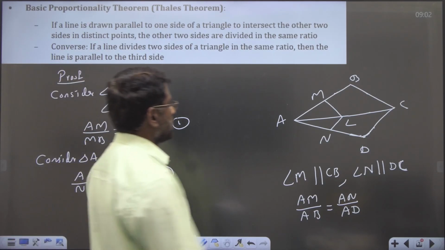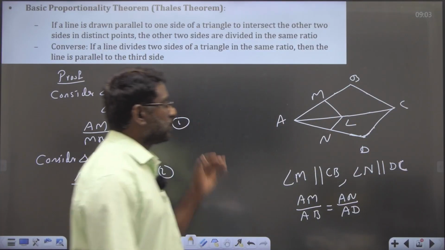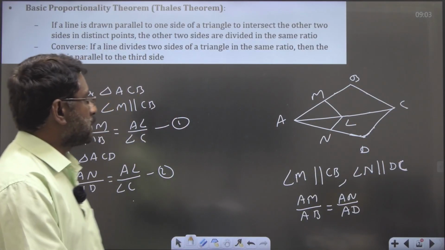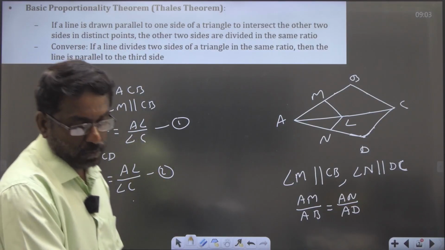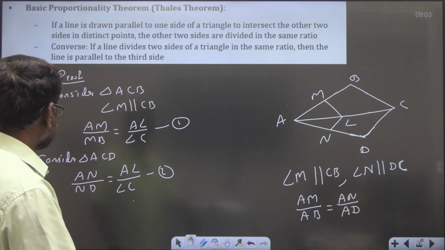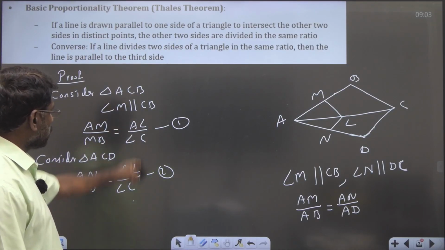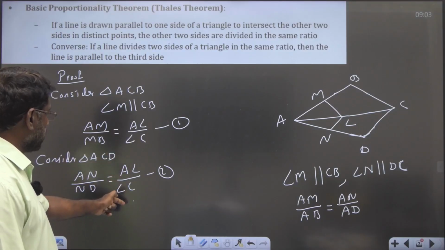First you consider triangle ABC, then the second triangle. Apply the basic proportionality theorem in both triangles and you will get two equations like this. From 1 and 2, the right hand sides of both equations are equal: AL by LC, AL by LC.